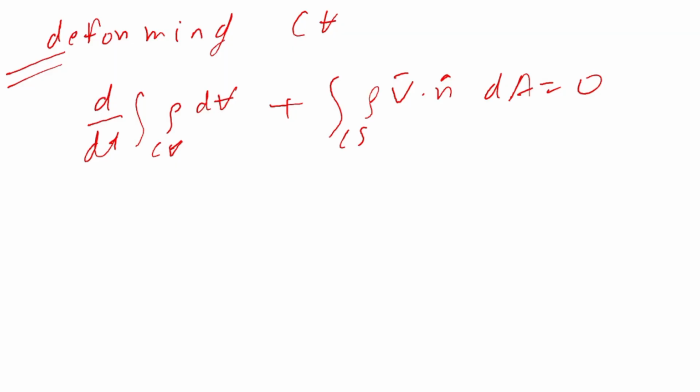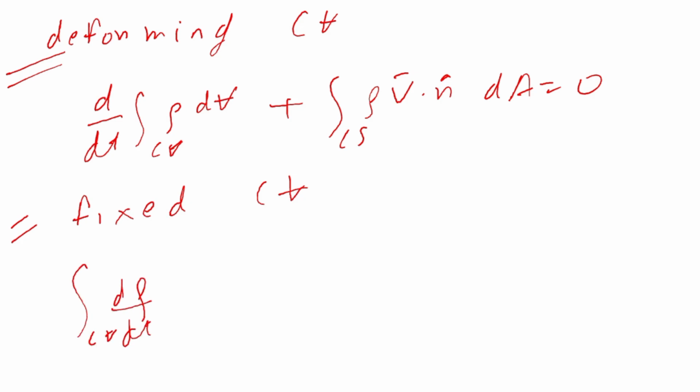Okay, and lastly, for the simplest case of a fixed control volume, you can take the time derivative inside the integral, so that you are just concerned with the density, how it is changing with time, and since you are not moving, you are using the actual velocity of the fluid.